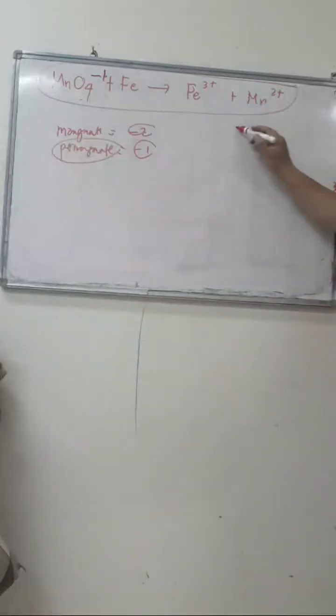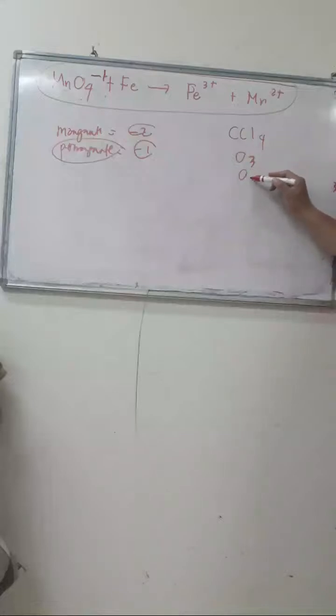But the permanganate is special compared to other polyatomic ions, because normally, the higher the oxidation state number, you have to put a prefix. For example, carbon tetrachloride, oxygen tetroxide, oxygen pentoxide, O5.